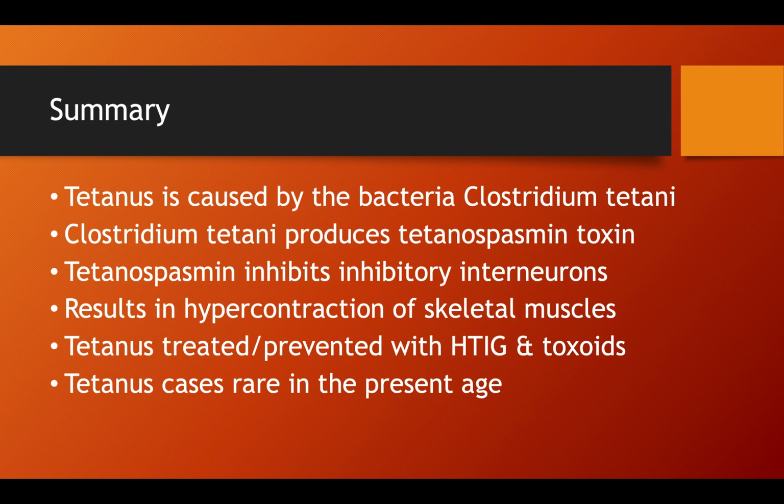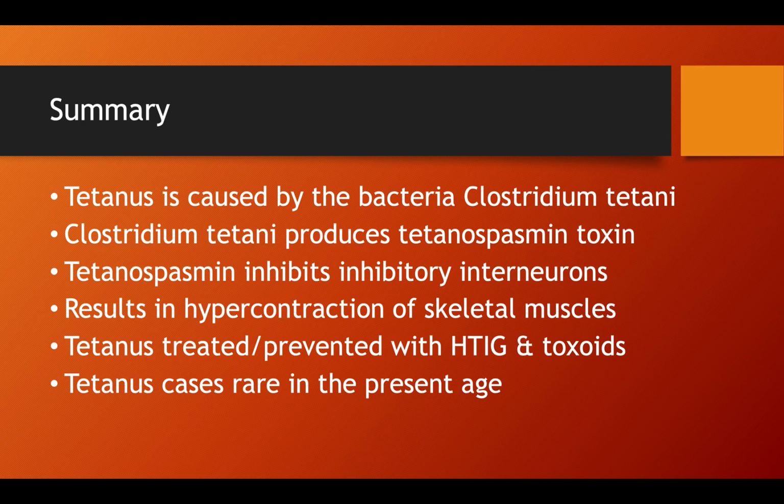So in summary, you learned that tetanus is caused by the bacteria Clostridium tetani. Clostridium tetani produces tetanospasmin toxin, and the tetanospasmin inhibits inhibitory interneurons, which produce the inhibitory neurotransmitters.